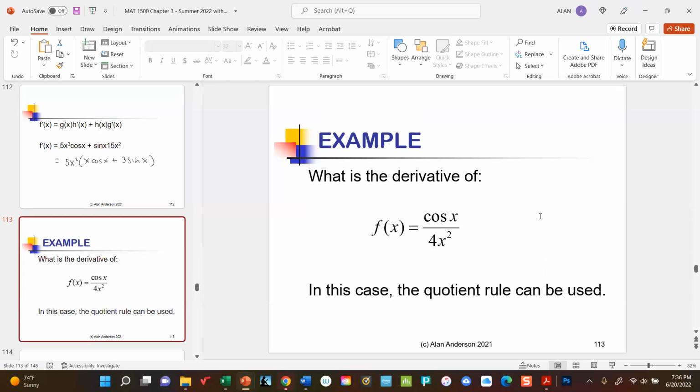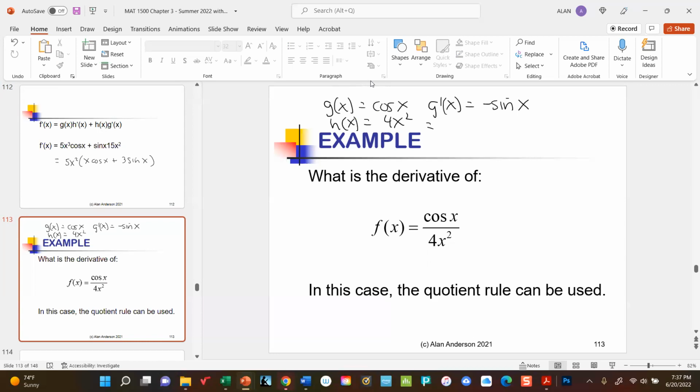So the numerator is g of x, the denominator is h of x. So why don't we start writing these things down here real fast. G of x is the numerator. And you might recall from a few minutes ago, we saw that the derivative of cosine x is negative sine x. And then the denominator is 4x squared.